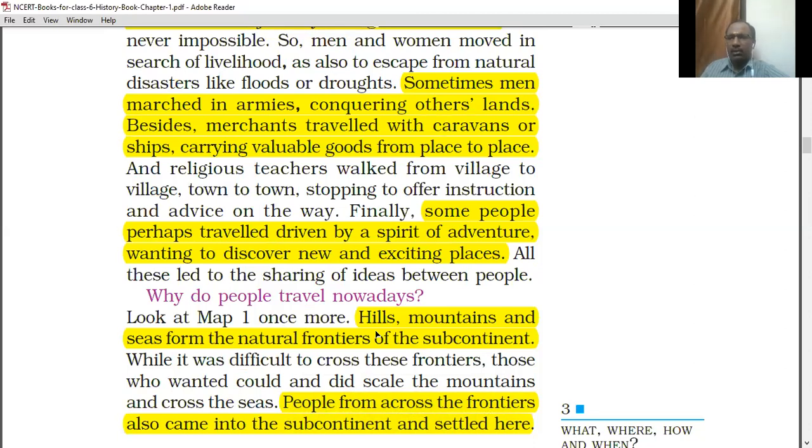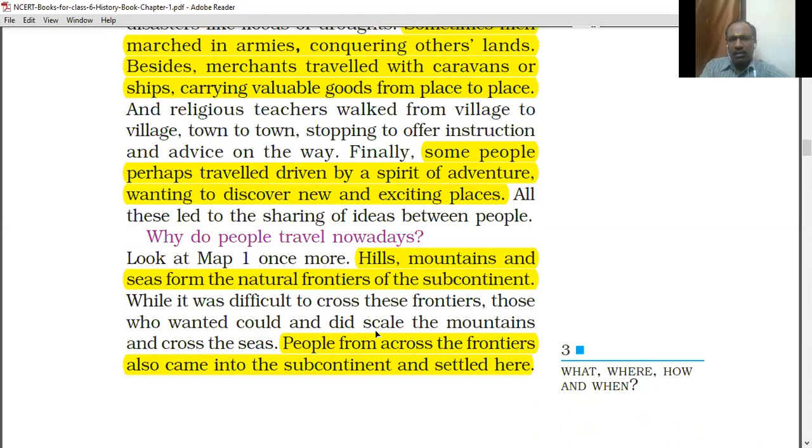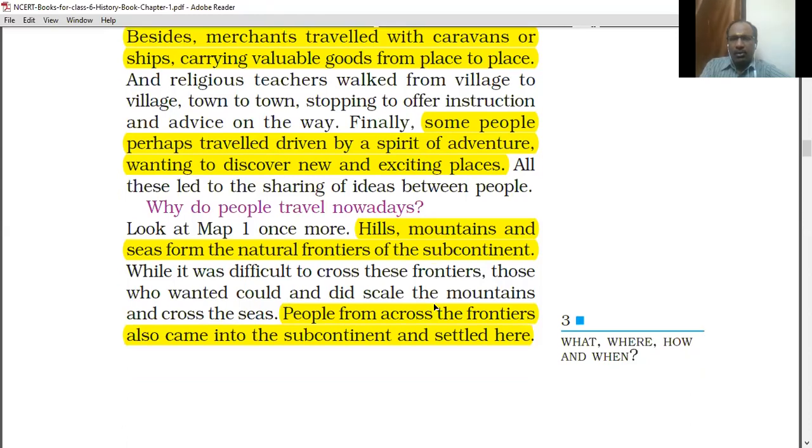People used to visit places and see that hills, mountains, and seas form a natural frontier of the subcontinent, that is India. While it was difficult to cross the frontier, we see India as a subcontinent and a peninsular region, with three sides covered by water, whereas in the northern part the land area is covered, particularly by the northern mountains. It is fully covered, so it is very difficult to cross the mountains to come to India.